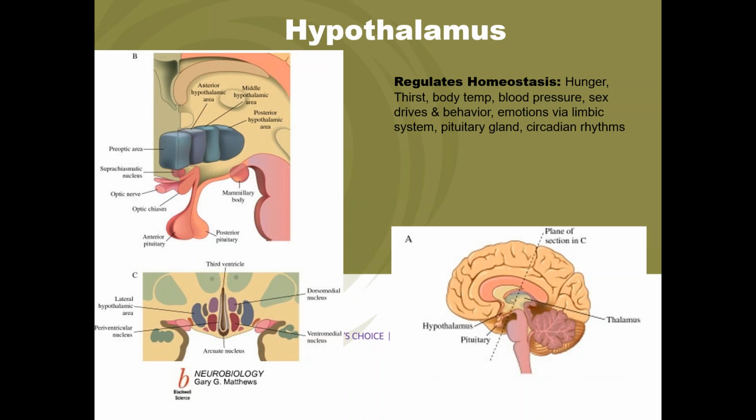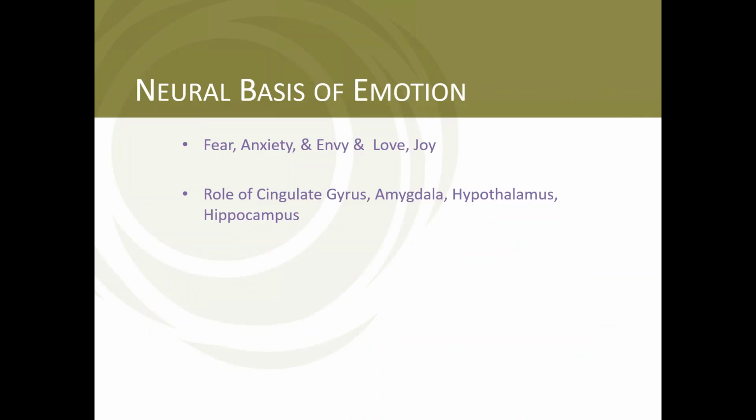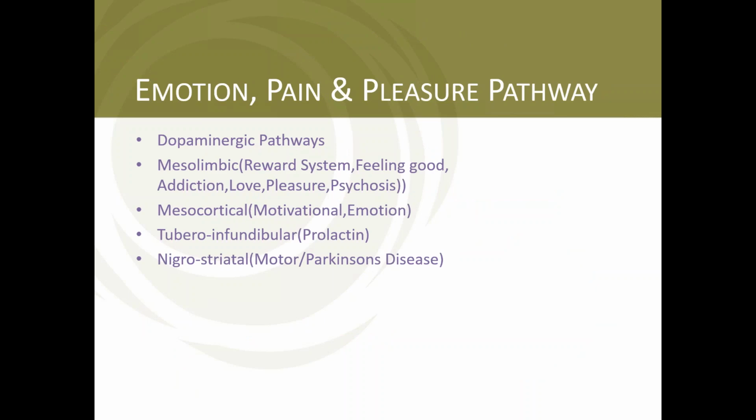One of the other things that I'm just rushing through because of the time is this emotional pathway. The same limbic system which controls our memory also controls our emotion. I'll give you an example. Emotions like feeling good, feeling sad, feeling angry, feeling frustrated, feeling violent, aggressive, these are all dysfunction of this pathway.